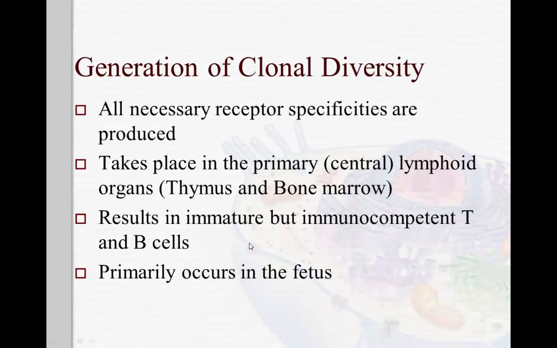Now, we talked about clonal diversity, and remember that clonal diversity is part of the immune system that participates in antigen presentation. Remember that this immune system has primary central lymphoid organs and secondary lymphoid organs. Primary lymphoid organs are the thymus, which occurs primarily in the fetus.